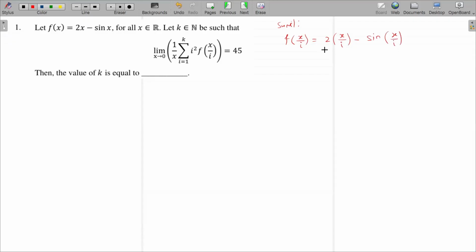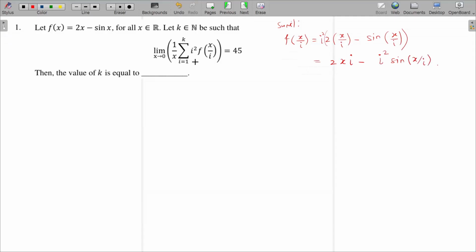Now multiply by i square. So if you do that, it will be like 2i square times this whole thing. So this will be like 2xi minus i square sine x by i.